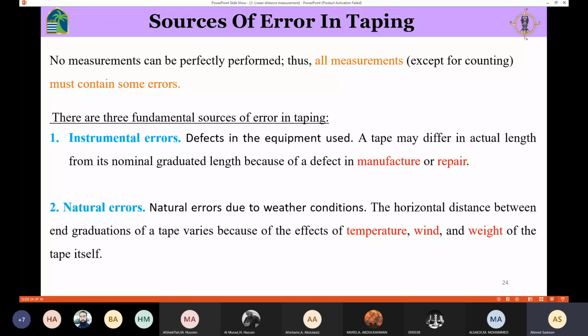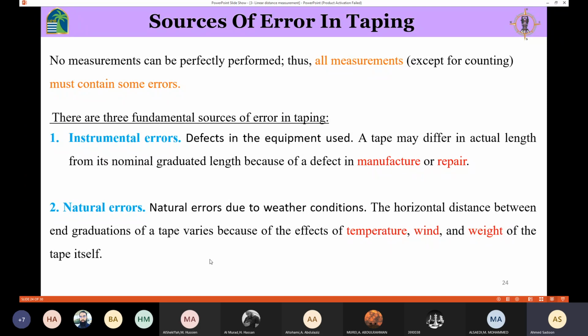And if the temperature is low, then the length of the tape is going to decrease. Okay. Also, if you are measuring and you have a strong wind, that is going to affect your measurement. Also, the weight of the tape itself could affect the measurement. So we have errors from natural problems like the rise and the fall of temperature, the wind, and the weight of the tape itself.